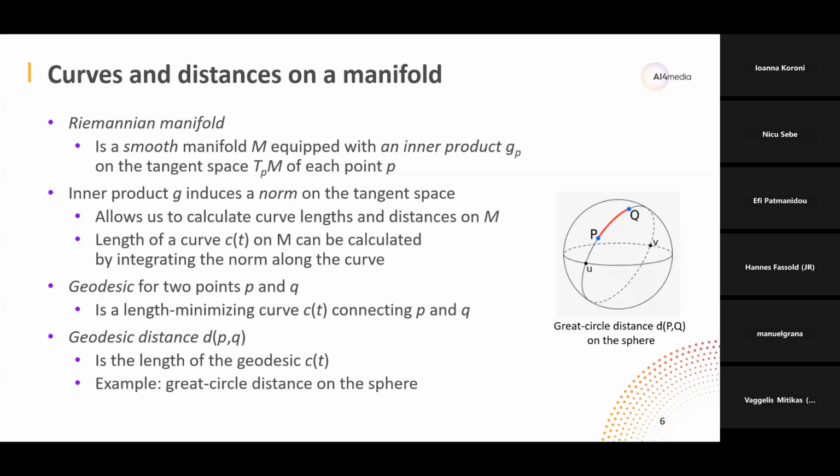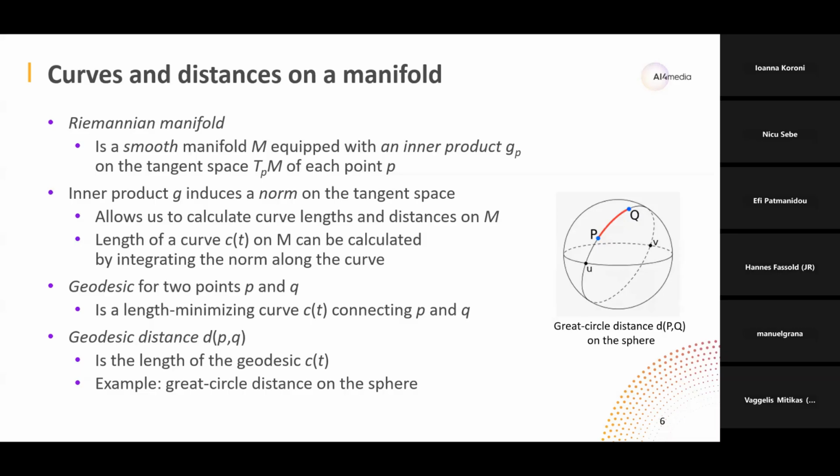That's the same here. This inner product induces a norm, but not on the manifold, of course, but on the tangent space at each point. And this allows us now to calculate curve lengths, and later from the curve lengths, we can calculate distances on this manifold. So we have now these curves c(t) on this manifold.